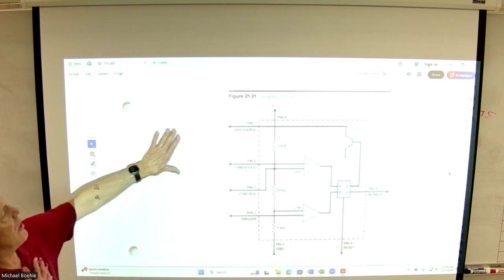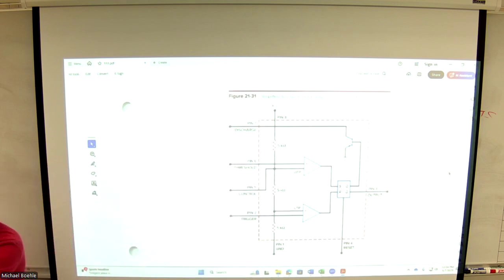The typical ways that a 555 is used, the two most common ones are what are known as monostable operation and astable operation. So monostable operation means what? One stable point.